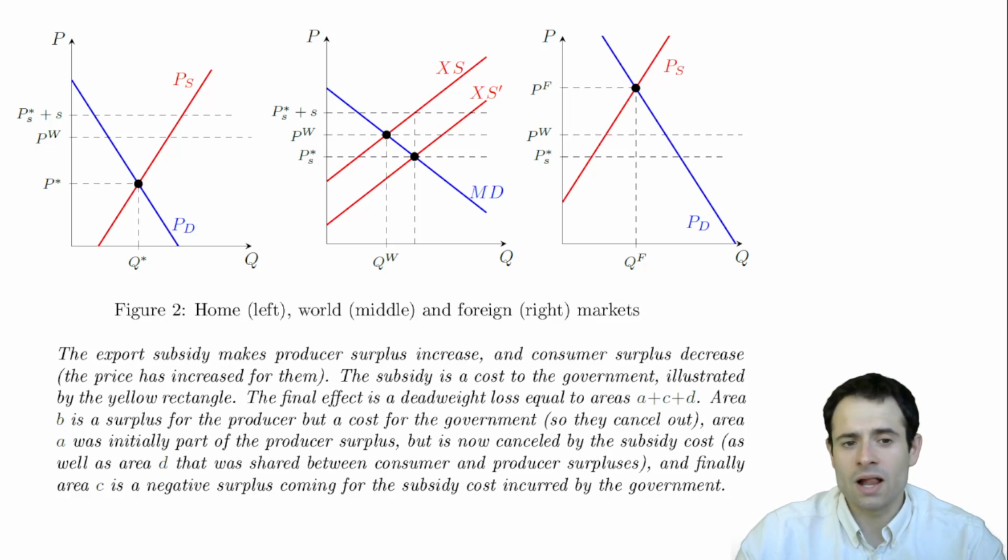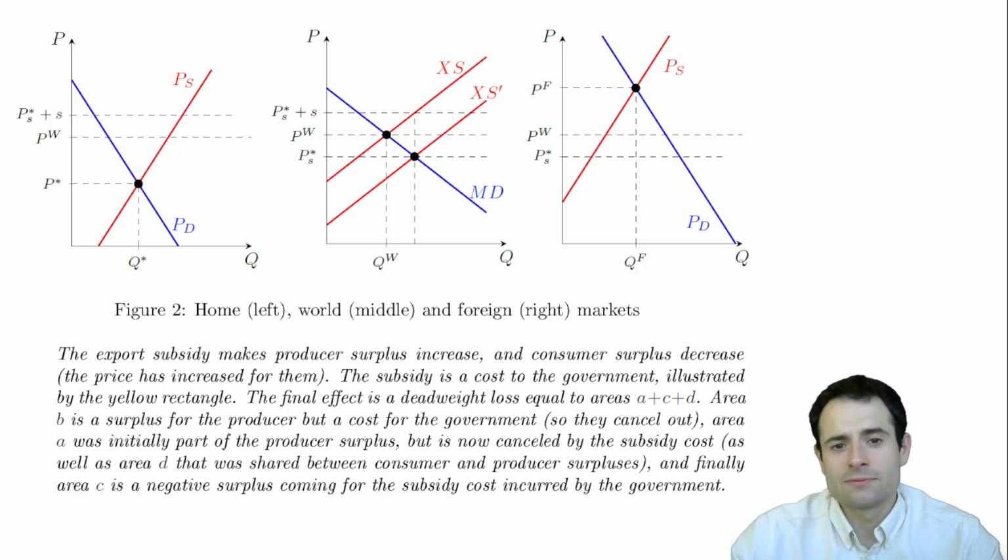They get to sell the good for a higher price in the home country, and they get to sell the good abroad for P star S, but they receive a subsidy S on each unit sold abroad, so overall they sell their good for a higher price.